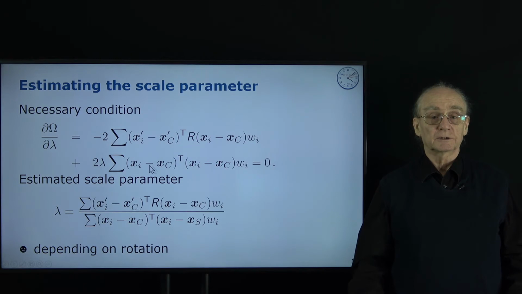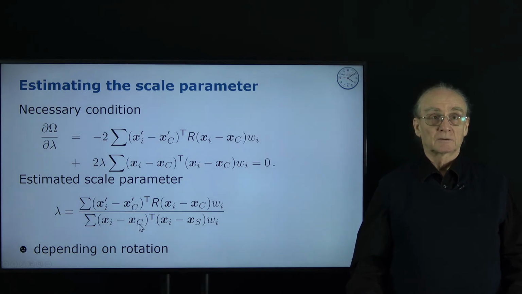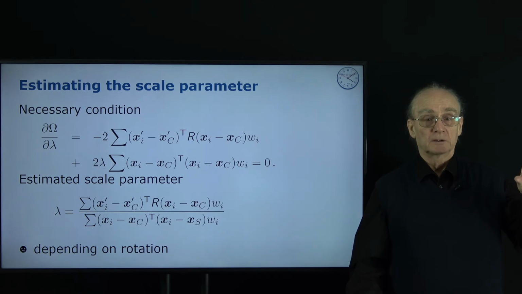Now this is a linear equation for lambda. The 2 cancels out, and we can directly write down lambda as the weighted sum of the centered coordinates of the observations multiplied with the rotation multiplied with the centered coordinates of the given coordinates, divided by this sum, which, you see, is because xi minus xc is the coordinate vector from the center to the point, and the transpose with itself is the squared length of it.